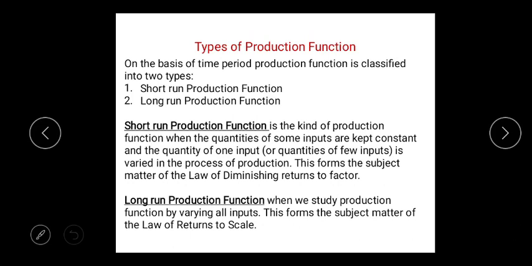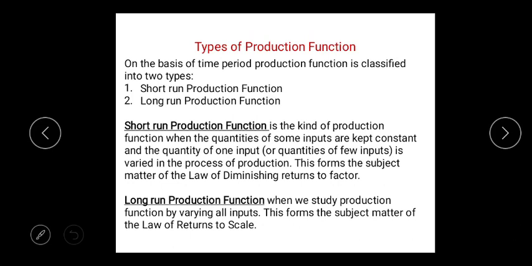Dear students, let us first discuss the short run production function. As we know that in the short run some factors are fixed while some factors are variable. So short run production function is the kind of production function when the quantities of some inputs such as land and capital are kept constant and the quantity of one input or few inputs such as labor is varied in the process of production.